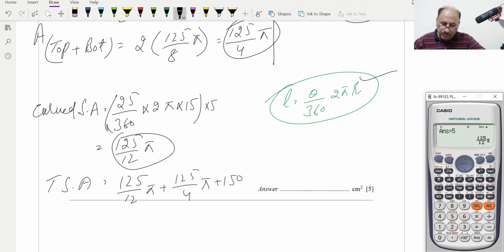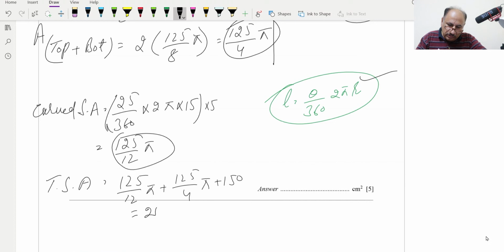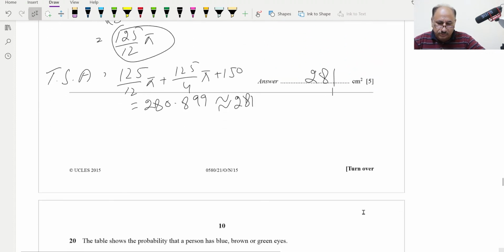One value is already written, plus 125 over 4, and this will be pi, and plus this will be 150, and this will be equal to 280.899, approximately equal to 281. So we can write answer as 281 centimeters square.